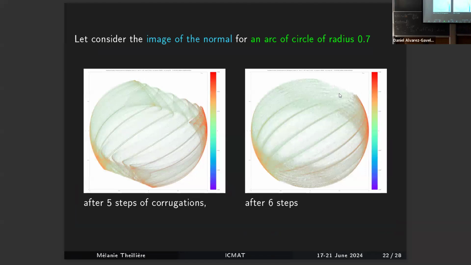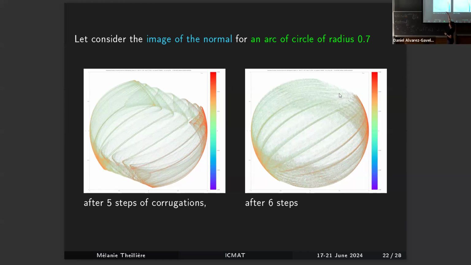And we want to look at the normal map. We take a little arc of a circle there, close to the border, and we look at the normal map, which belongs to the unit sphere.